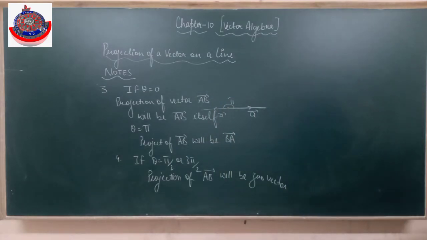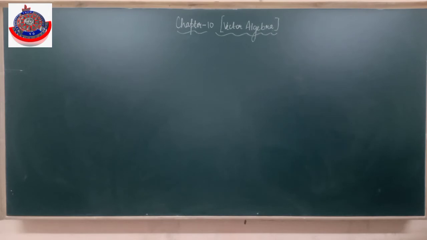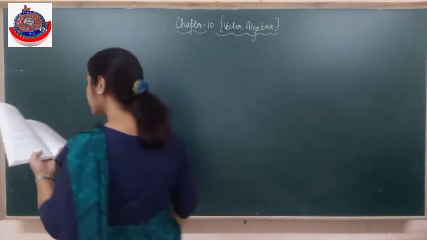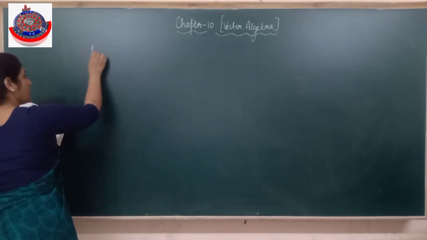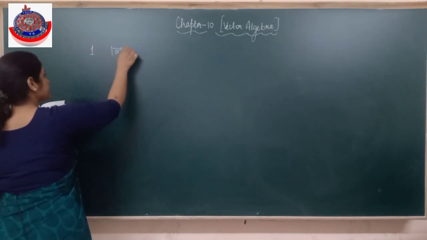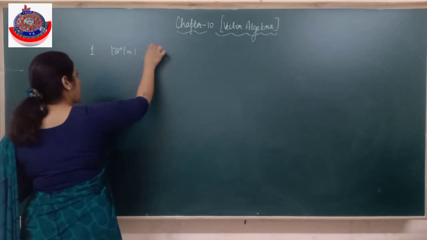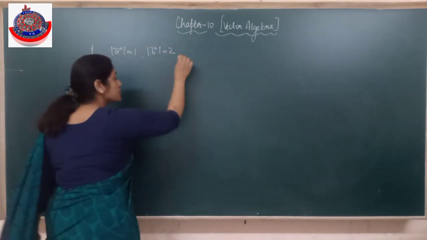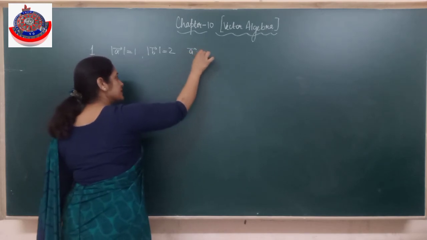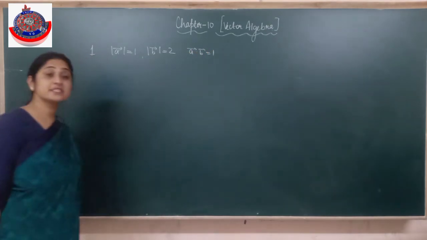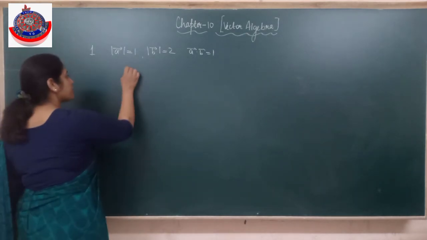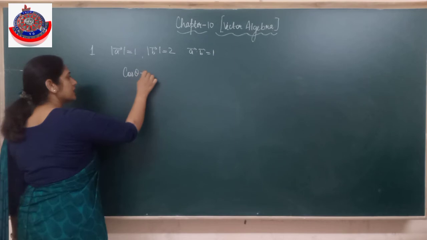Fine, we'll pick up the examples. Let's start with examples. Find the angle between two vectors, A vector and B vector, with magnitudes 1 and 2 respectively, and the dot product is given to be 1. We need to find out the angle between these two vectors. What is the formula to find the angle between two vectors?